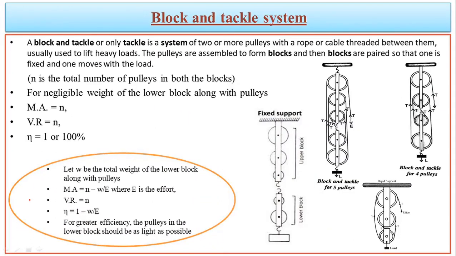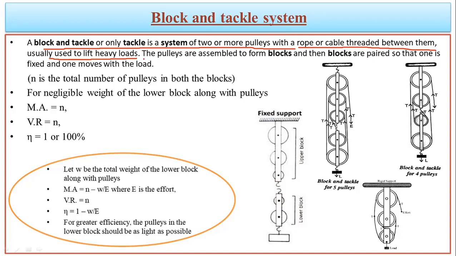Now let us understand one more kind of combination pulley, the block and tackle system. A block and tackle, or only tackle, is a system of two or more pulleys with a rope or cable threaded between them, usually used to lift heavy loads.